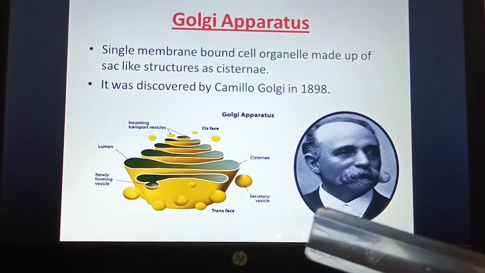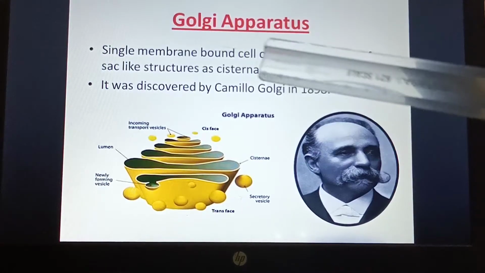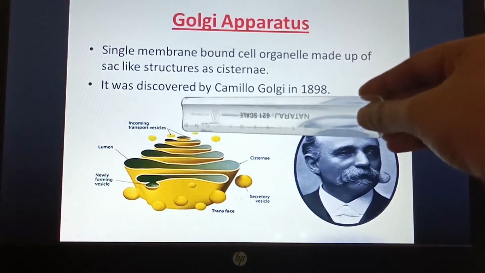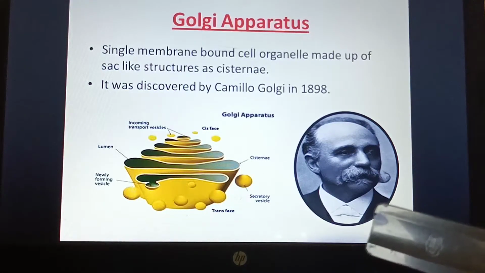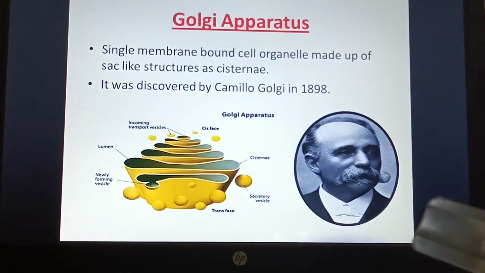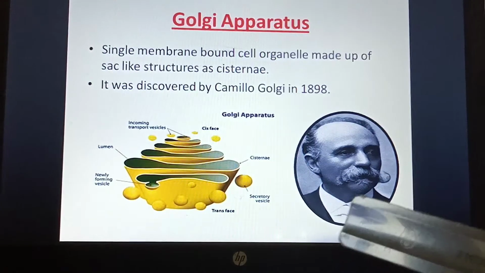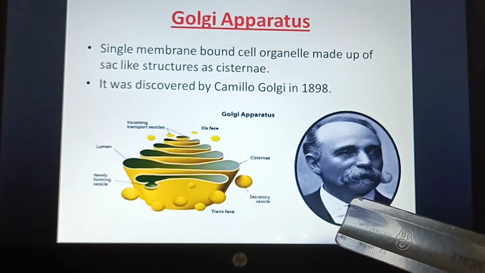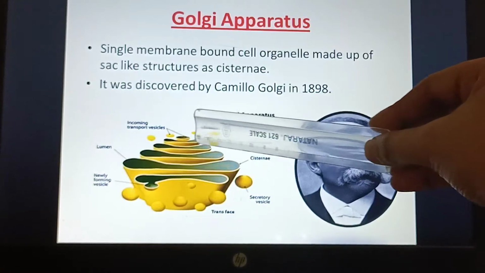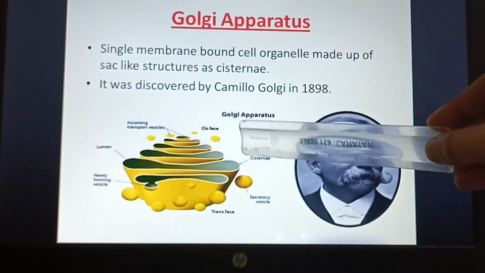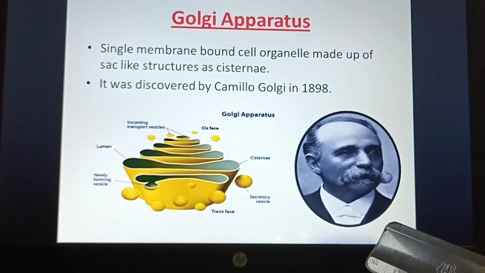For example, if you put something over here, it comes out from here. Therefore it is called the modification center. The Golgi apparatus is a single membrane bound cell organelle made up of sac like structures called cisternae.